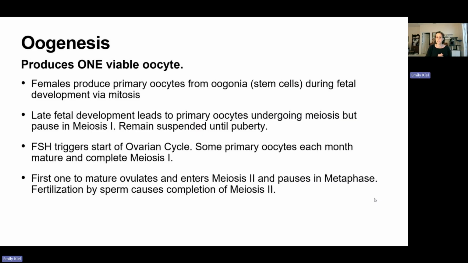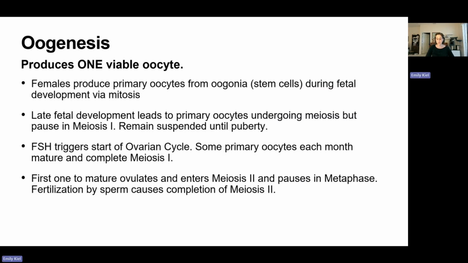And then when fertilization occurs, meiosis 2 is going to be completed. And so your tertiary ovarian follicle is this follicle that's paused at the end of meiosis 1 and then is going to enter meiosis 2.